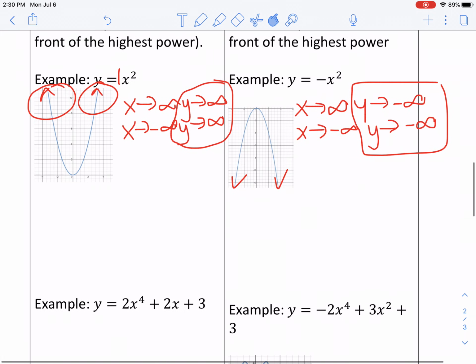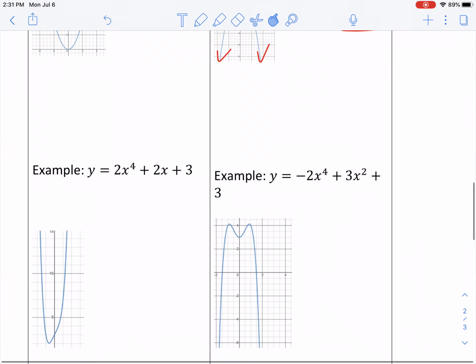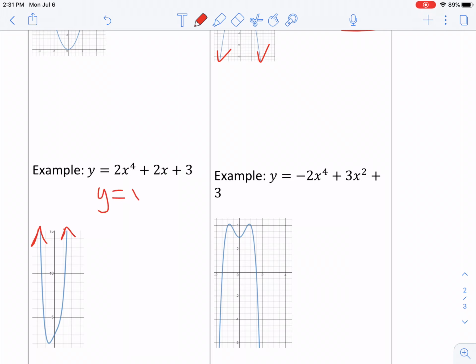If you look at more exciting examples, like y equals 2x to the fourth plus 2x plus 3, the end behavior here is exactly the same as the end behavior for y equals x squared. So as x goes to negative infinity, y goes to infinity. As x goes to infinity, y goes to infinity.